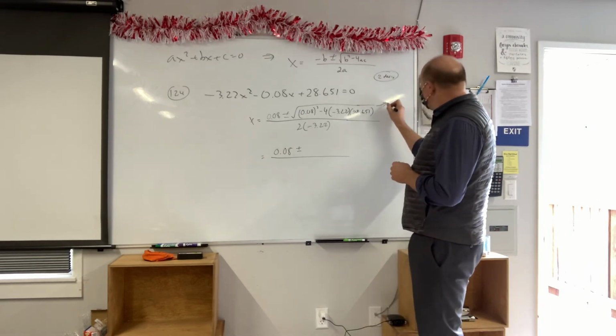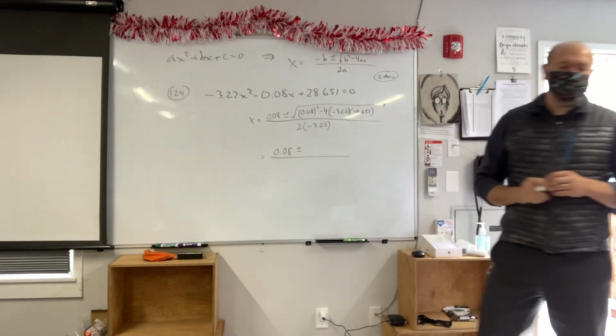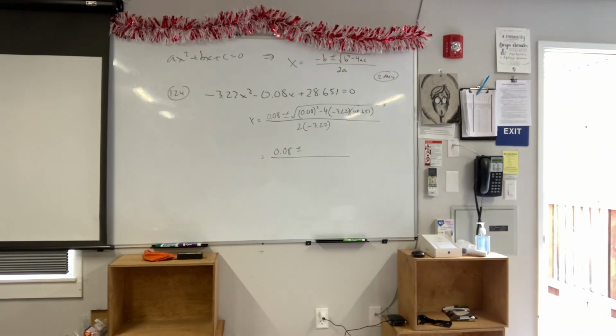Anybody can simplify that for me. Off to the side, you go 0.08 squared minus 4 times negative 3.22 times 28.657. Anybody give me the answer inside the square root?